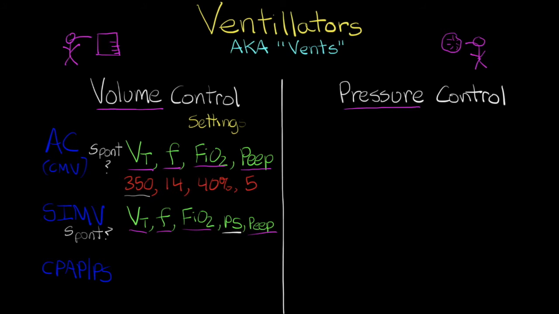So let me go ahead and write down a set of settings here for this patient. Again, let's say we have a tidal volume of 350, a frequency of 14, FiO2 of 40%, a pressure support of 10, and a PEEP of 5.